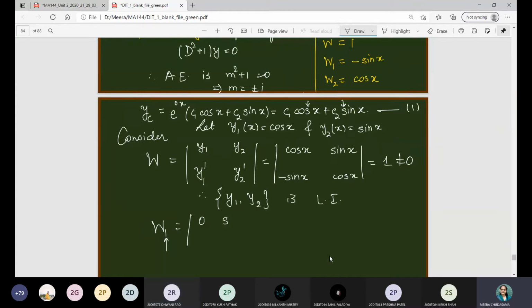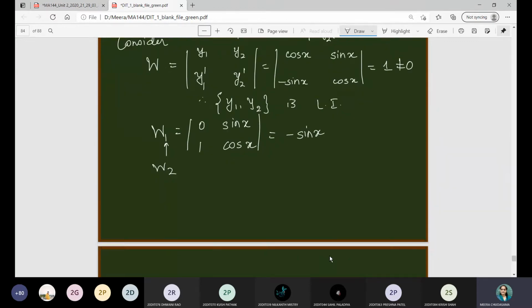So in that sense, first column will be replaced by 0 and 1, and the other column remains as it is from the Wronskian. So this is 0 minus sin x, so minus sin x. And W2 is nothing but, similarly here second column will be replaced by 0 1, first column will remain as it is in the Wronskian, so it is cos x and cos x with the positive sign and sin x with the negative sign, so sin x.